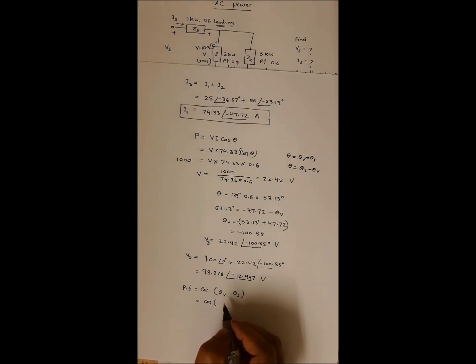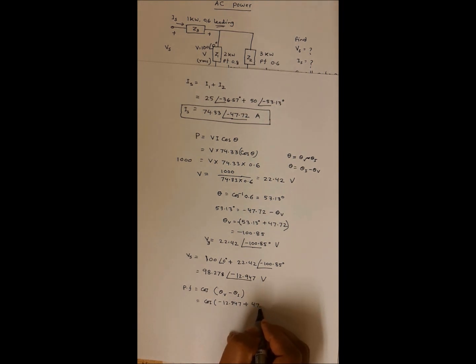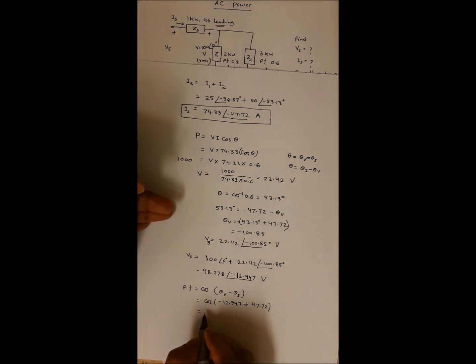The power factor is cosine of theta V minus theta I. Theta V is negative 12.947 and theta I is negative 47.72, so negative 12.947 plus 47.72 gives cosine of 34.773.